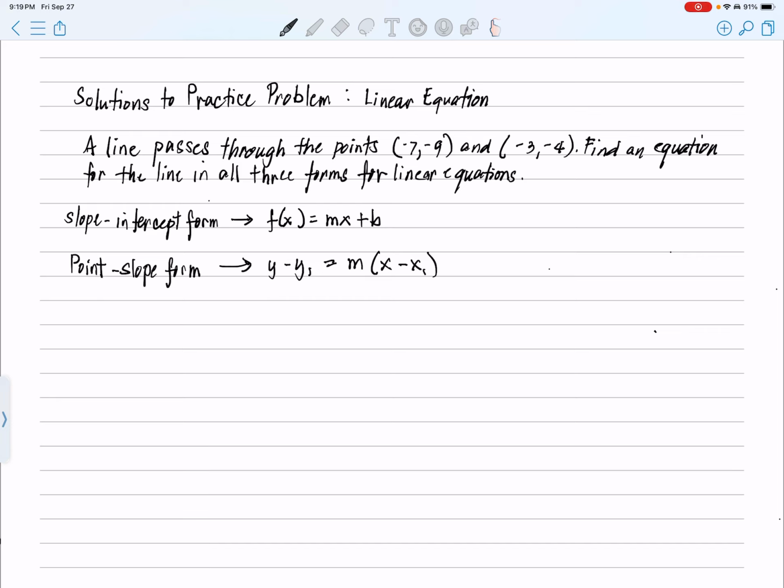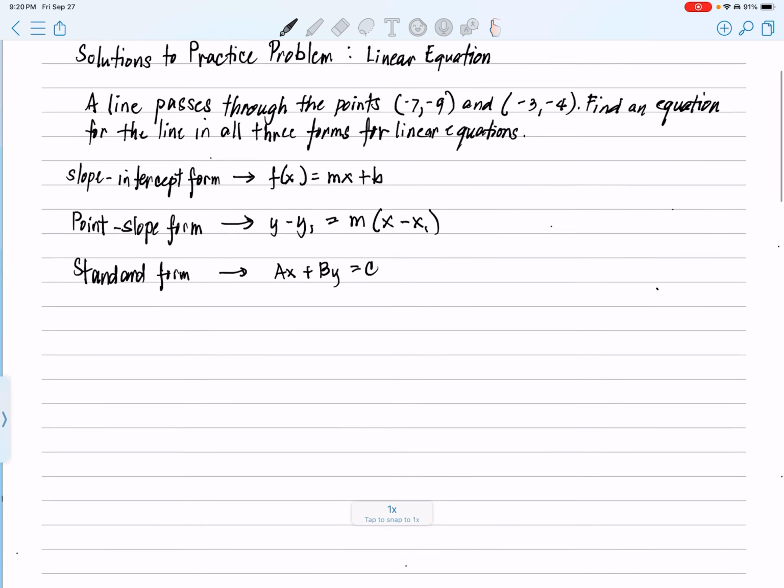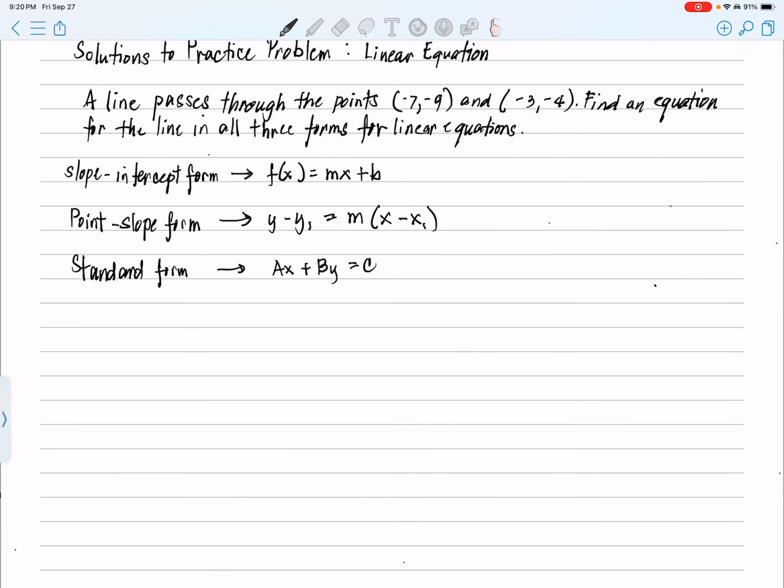And we have the standard form, that is Ax plus By equals C. So we're going to use all these three forms in solving this problem.